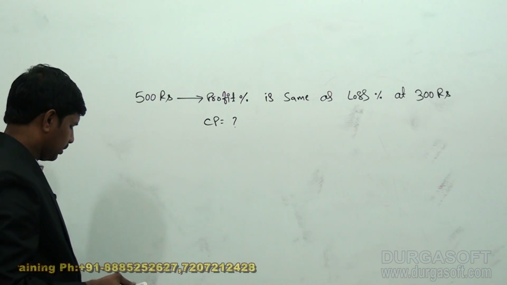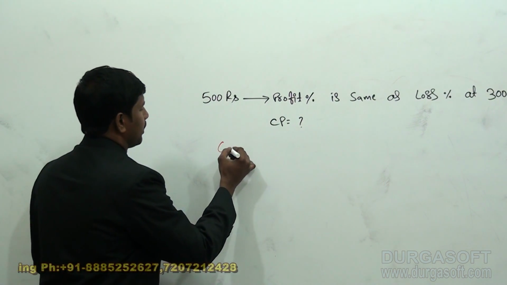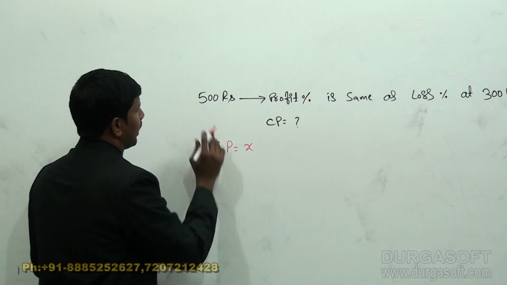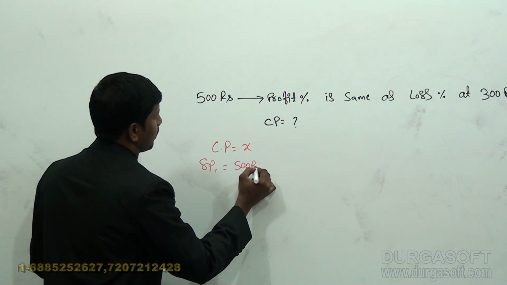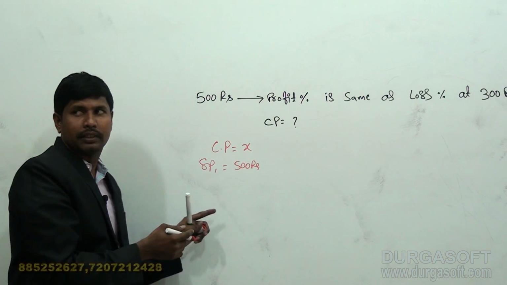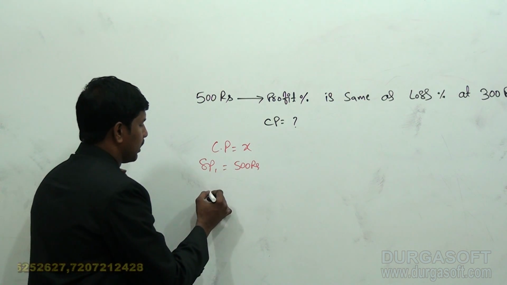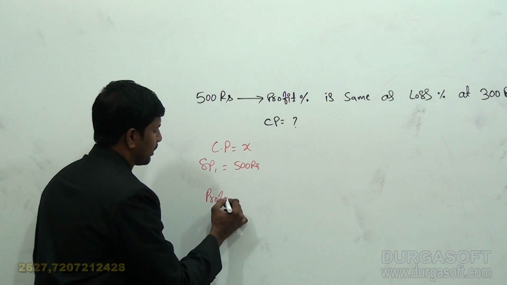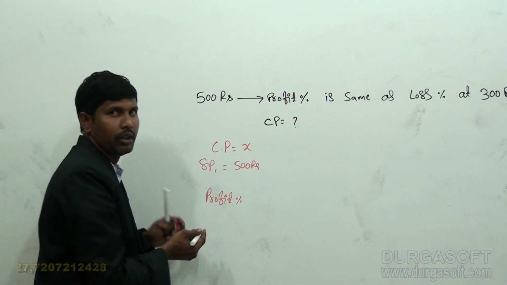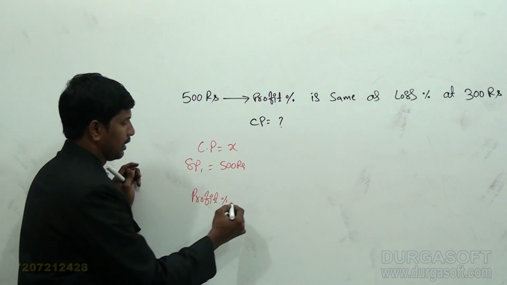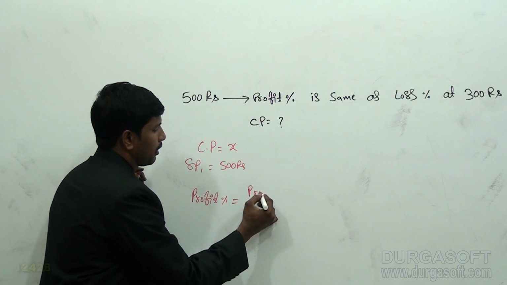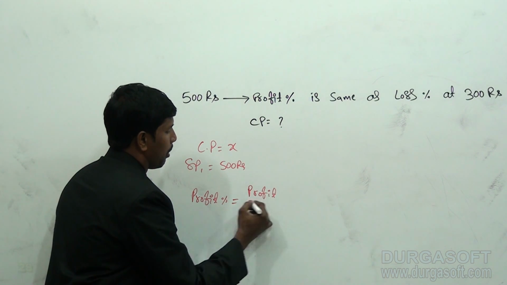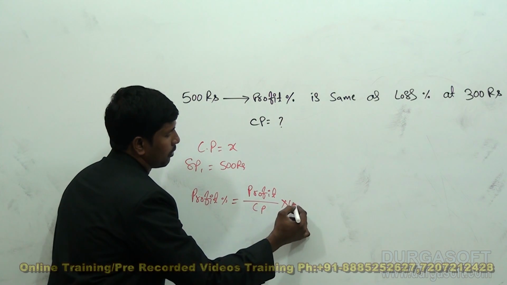Now the process you can apply: let us take the cost price as X, and in this case the selling price is given as 500 rupees. Profit percentage is equal to the profit by cost price into 100.